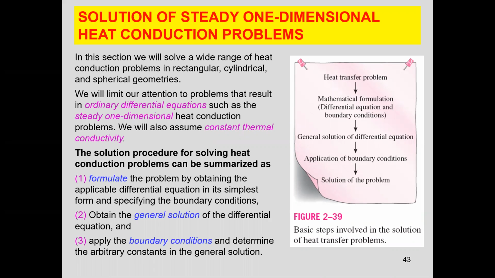Once we have some understanding of the heat conduction equations and the concept of boundaries and the various kinds of boundary conditions, we are prepared for the solution of steady state one-dimensional heat conduction problems, which we'll cover in the next lecture.